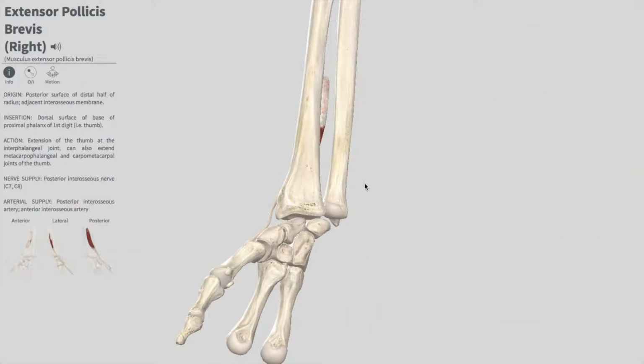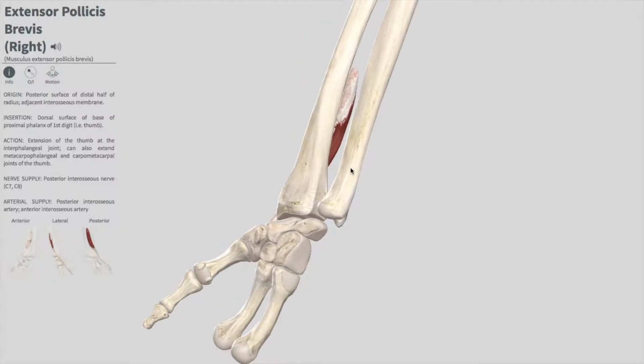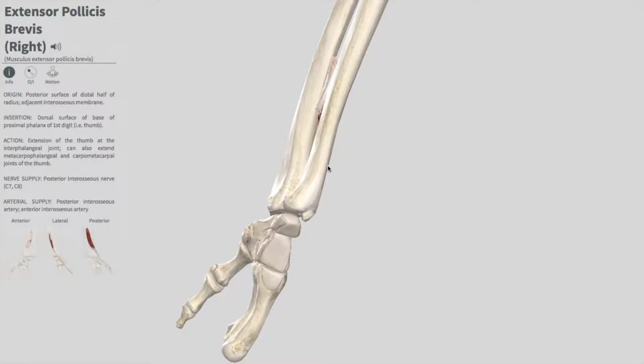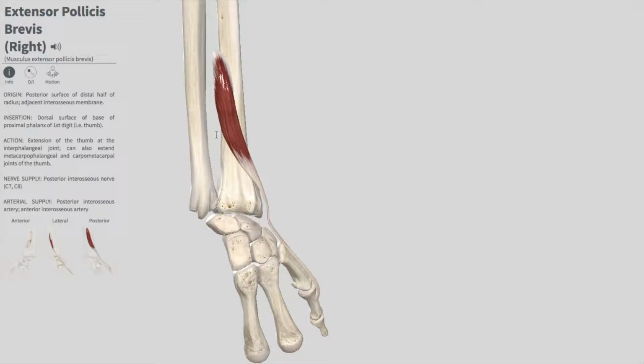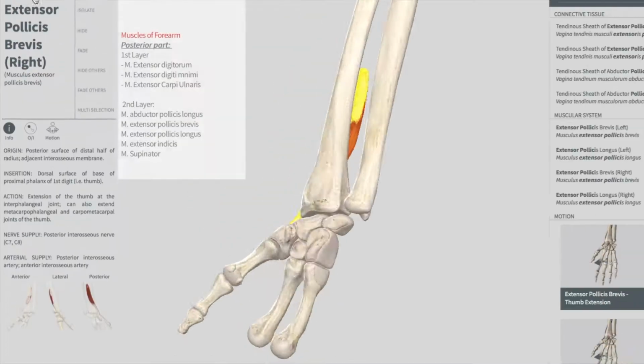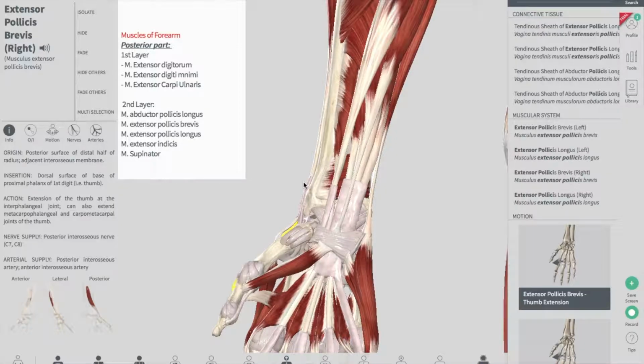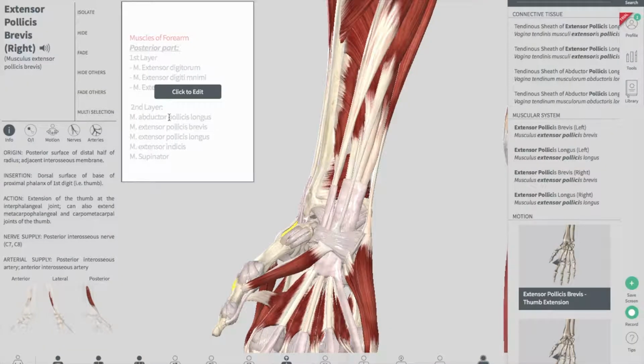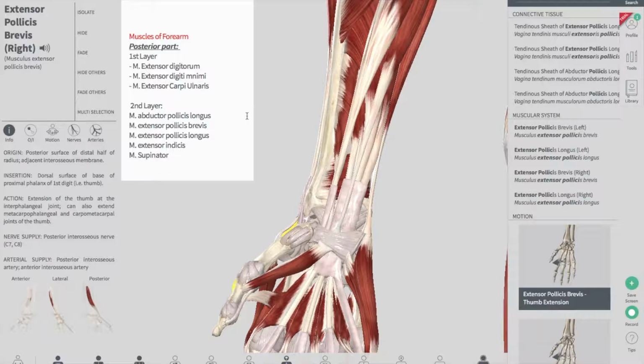And this muscle is going to also arise from the posterior surface of the radius and the membrana interossea, and it's going to insert at the proximal phalanx of the thumb. And the function of this muscle is to extend the phalanx backwards. The thumb is going to extend backwards. And I forgot to mention the function of the abductor pollicis longus. That's going to be the abduction of the thumb, as in the name.